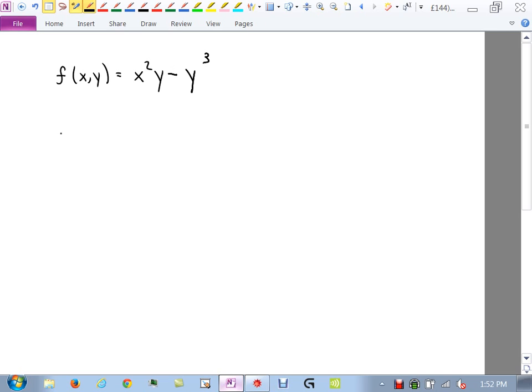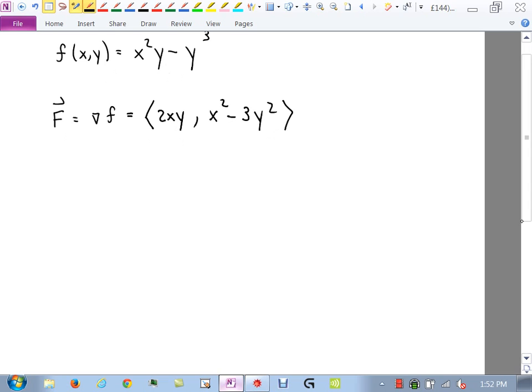And we said that if we define capital F to be equal to the gradient of f, that turned out to be 2xy, right? This is what I did over here, x squared minus 3y squared, right?